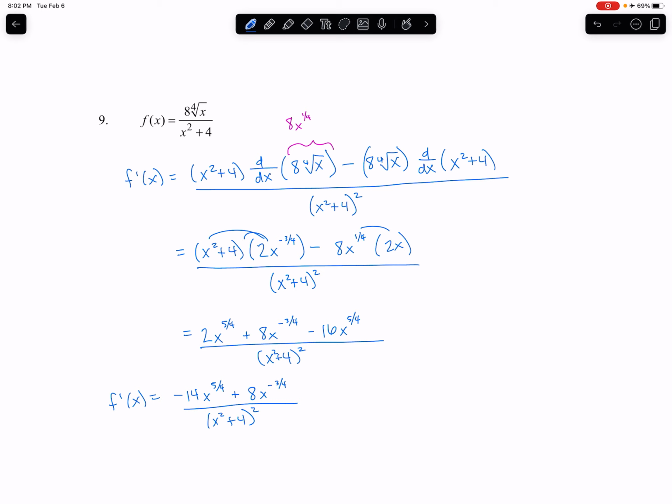Now we could take it even a step further. You'll just have to see how far the homework is asking you to simplify.